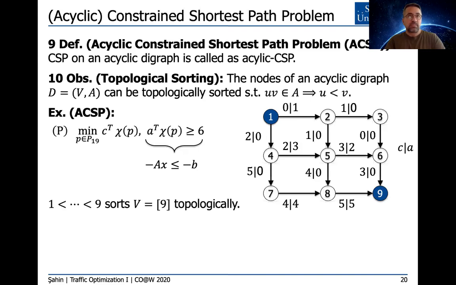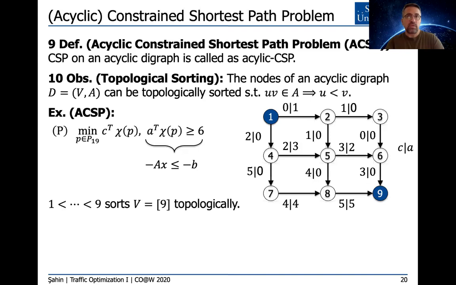Let us look at this special case a little closer and call this problem acyclic constrained shortest path, and name it ACSP. For an acyclic graph, we can find the topological sorting of the nodes and index them in a way that the tail node of an arc has a smaller topological index than the head node.